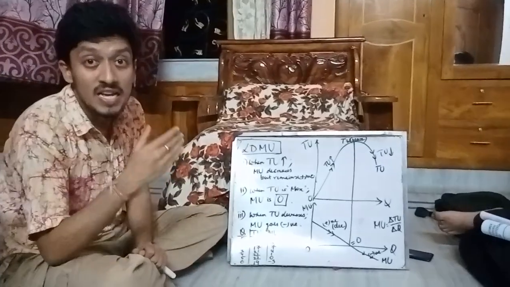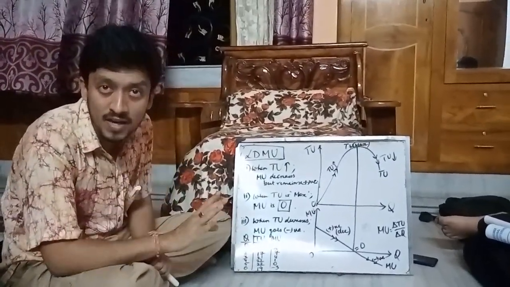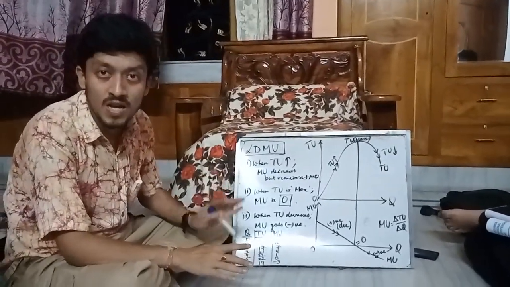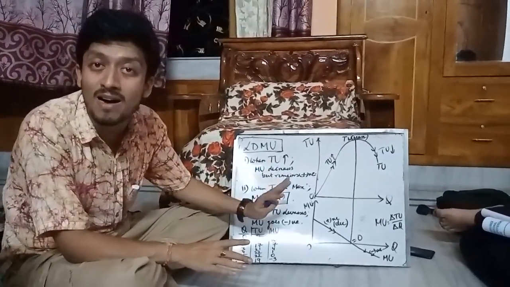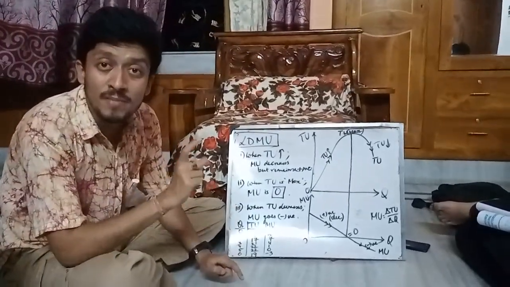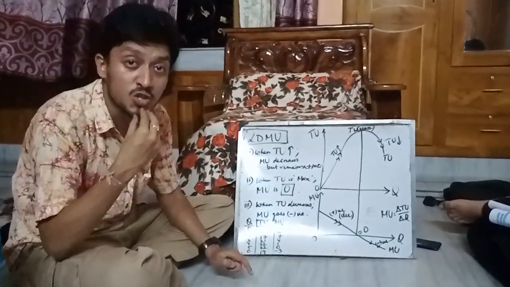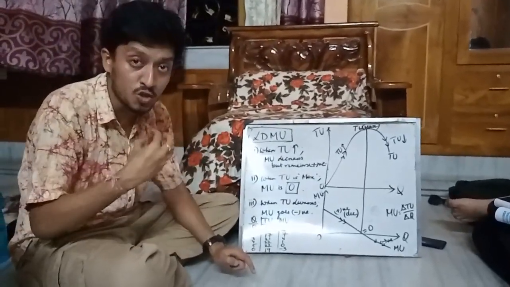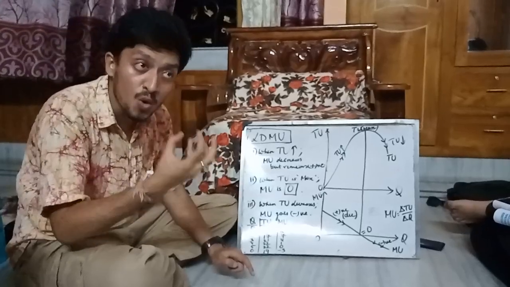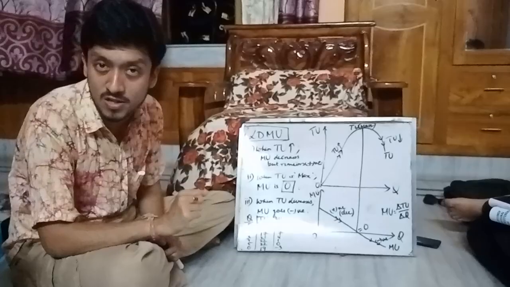Now here we are going about the law. The law of diminishing marginal utility states, listen to it minutely, that as we go on consuming more and more units of a single commodity, let's take the example of a glass of water.